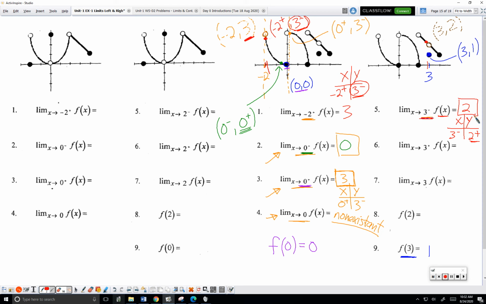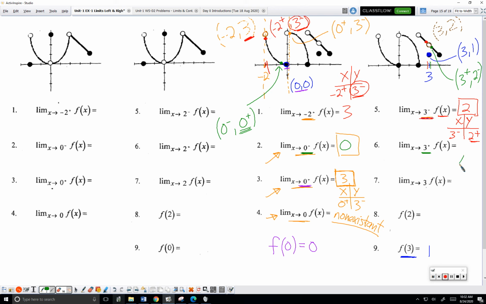When I go to find the limit as x approaches 3 from the positive side, I'm looking up here. So I'm where x is a little bit more than 3. That's this dot. So that green dot is located at slightly more than 3, slightly less than 2.